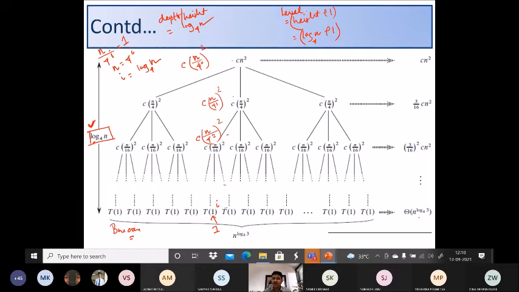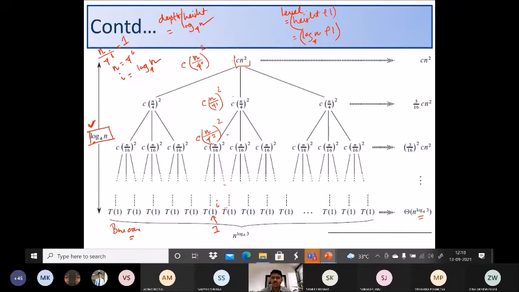Now we have to find out this value. Why this value? So see, here how many nodes are there?